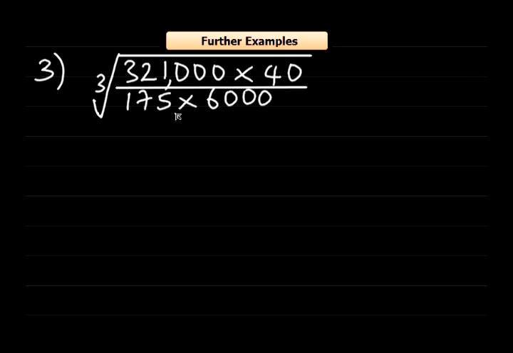We come to the numerator, check the log of 175, check the log of 6,000, add the two of them, and keep the answer. Then we subtract the answer from the bottom from the one on the top. Then that answer, we check the cube root, and you know cube root means dividing by 3.